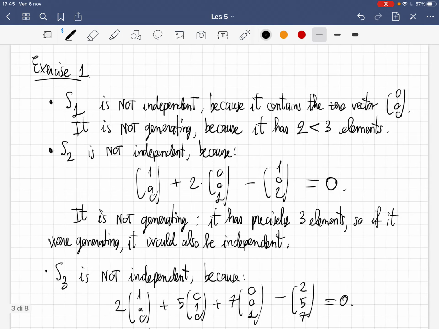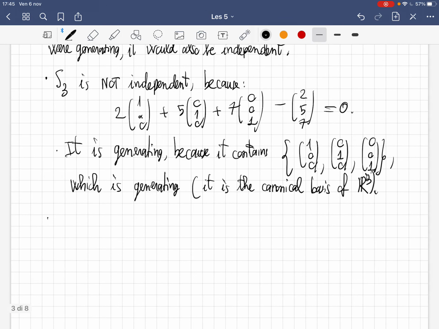So the fourth, and let's say this is not generating because it has 2, less than 3 vectors.